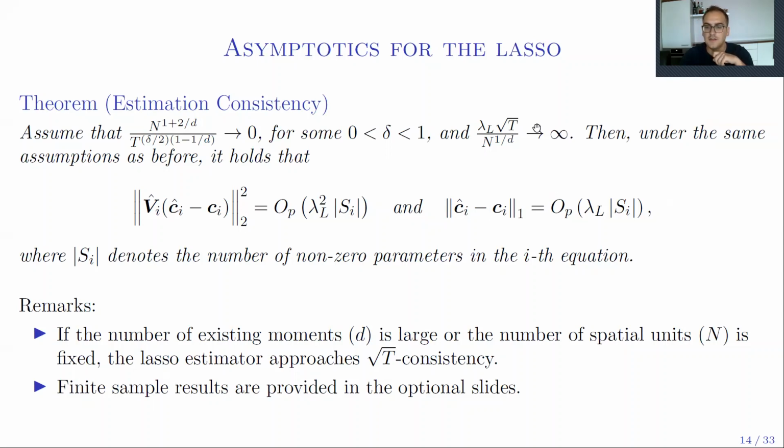For example, if n would be fixed, or if d would be very, very large, then you would see that the penalty is allowed to go to 0 almost at rate square root t, which implies that you actually have almost a square root t consistency that we know from the fixed dimensional case in L1 over here.